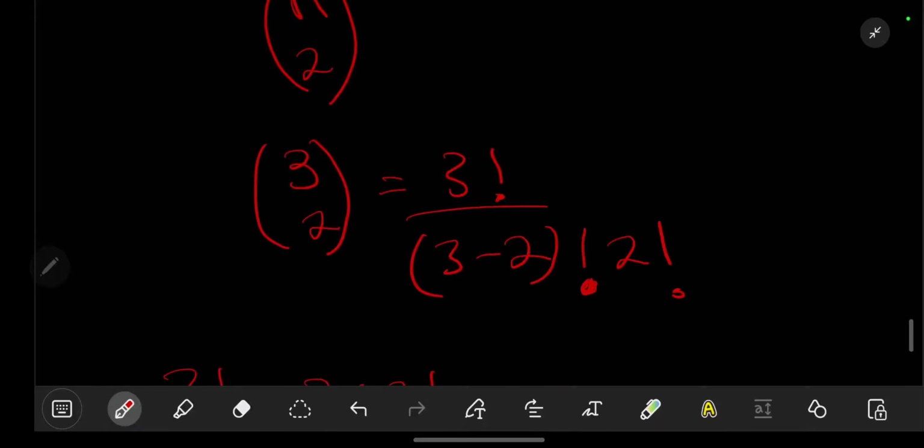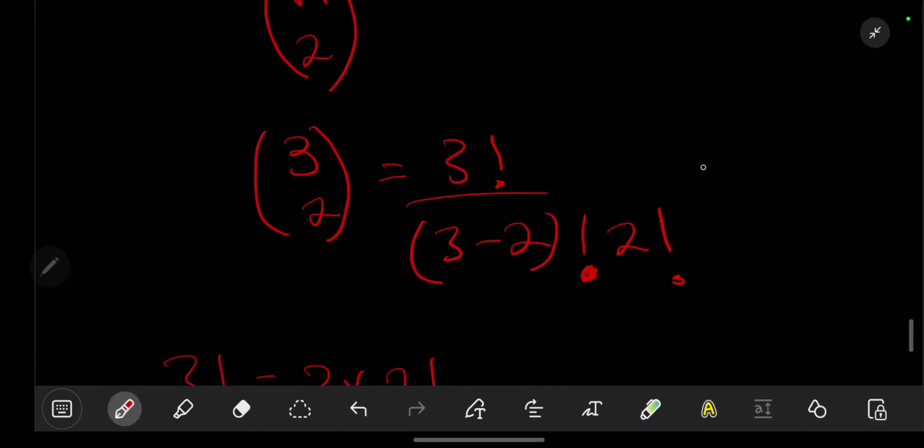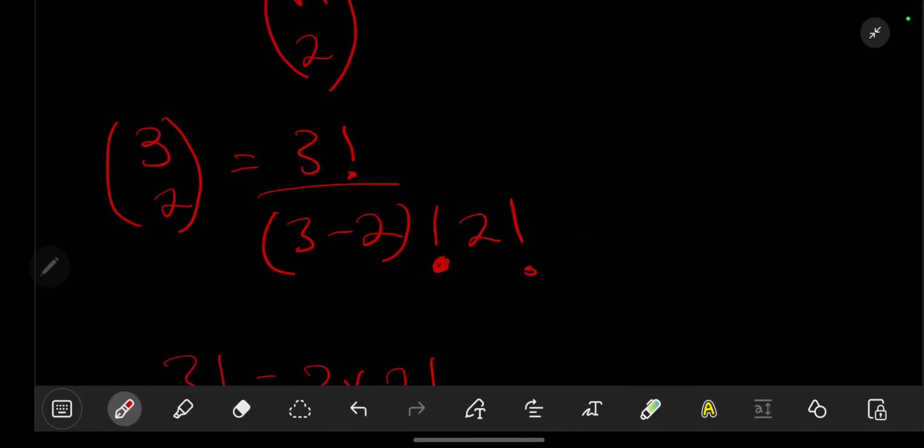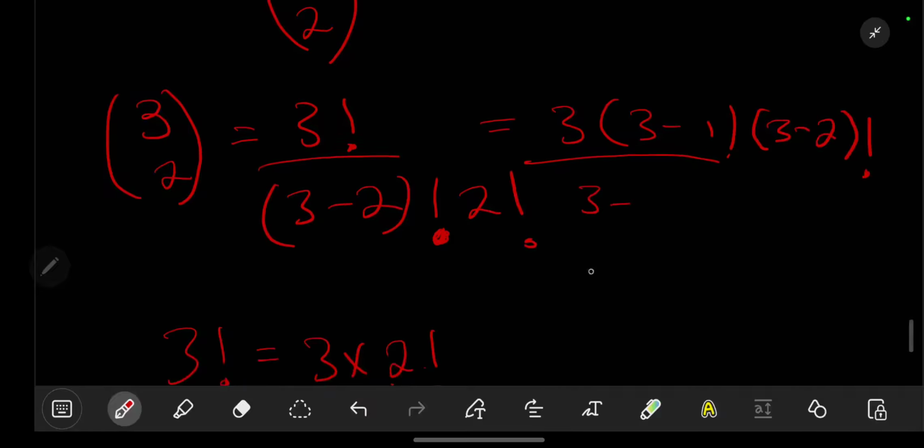So getting that idea, we are going to have 3 open brackets 3 minus 1 factorial over 3 minus 2. In this case, since we have the 2, we can also say 3 minus 2 factorial. What is this? 3 minus 1, that's 2.